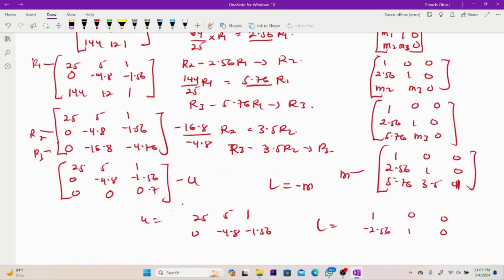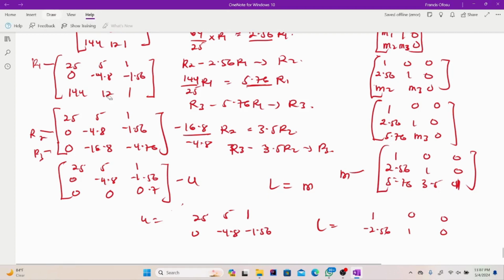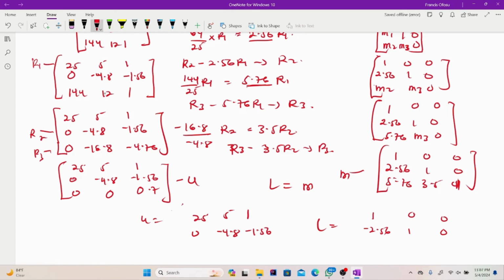Then this M becomes our multiplier, right? We took the multiplier to be just the quotient of the point over the pivot point. So if you take this as your M, then directly your M becomes your L, okay? So we get L equal to M, right?